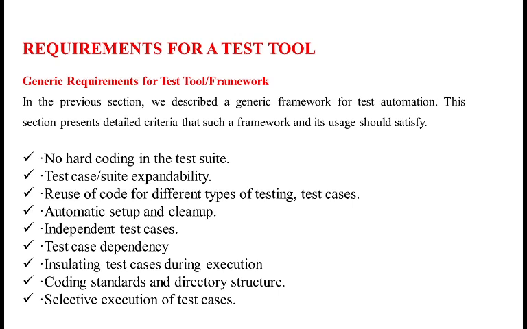The variables for the test suite are called configuration variables. The file in which all variable names and their associated values are kept is called a configuration file. Providing inline comments for each of the variables will make the test suite more usable and avoid improper usage of variables. So this is the first requirement in the test tool.